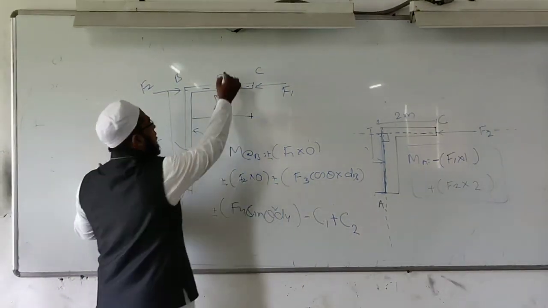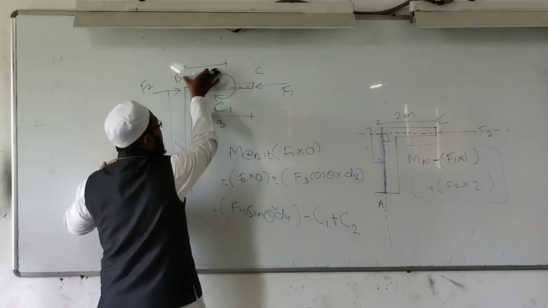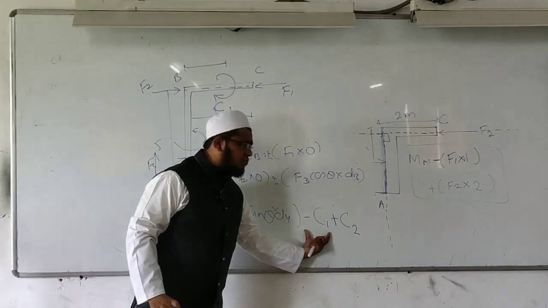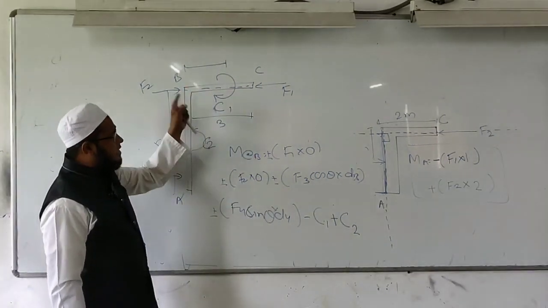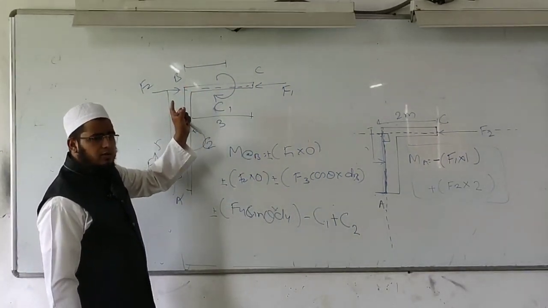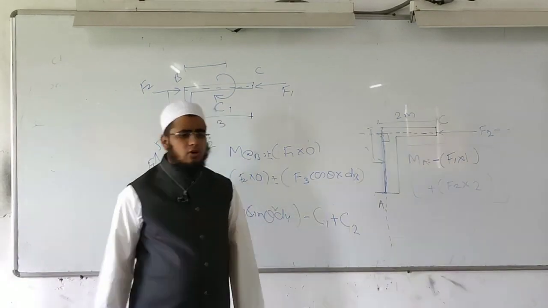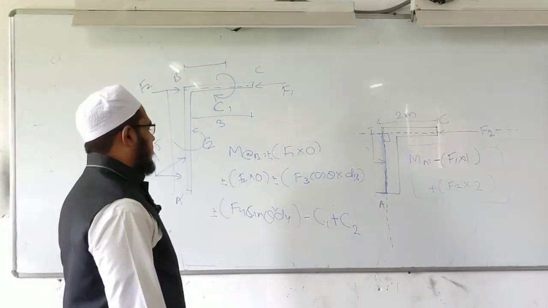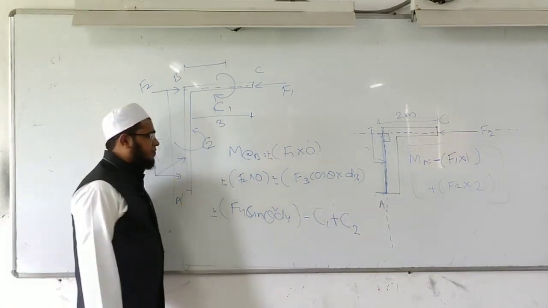We are not interested in finding the distance from point B or point C. We just consider the magnitude of the couple C1. I will see whether it is clockwise or anti-clockwise. Depending upon that, if it is anti-clockwise, I will consider it as positive, and if clockwise, I will consider it as negative.